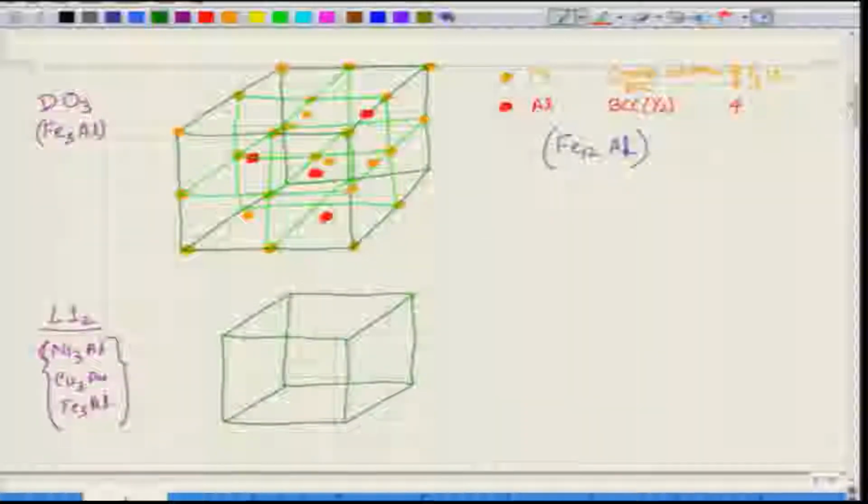So, where does Fe go here? Here at the corners we have aluminum. So, again one cell and include all the corners, so it means a total of one atom.